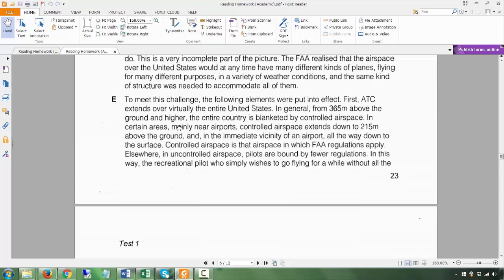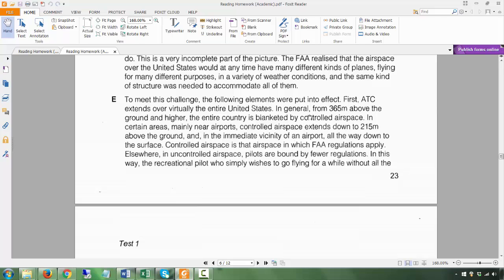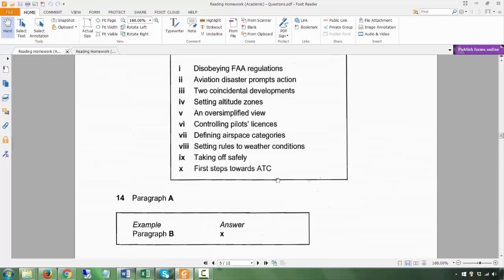In certain areas, mainly near airports, controlled airspace extends down to 215 meters above ground. Okay, so you can see that they are creating zones. This is in this area above this height. This is this zone, that zone, controlled, uncontrolled, etc. Okay, so that is basically setting rules and regulations regarding the zones according to different altitude, right?